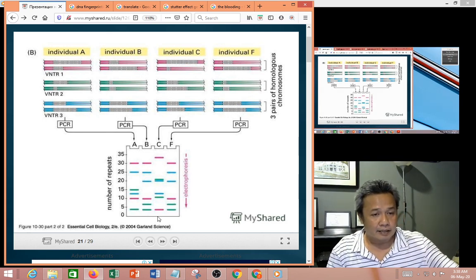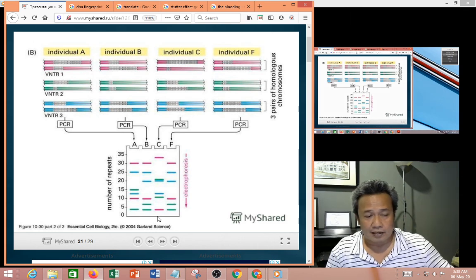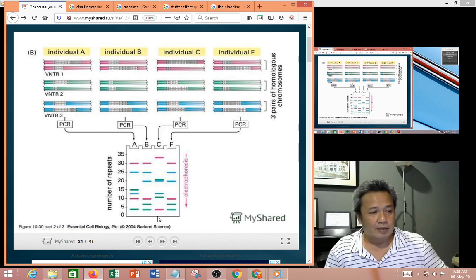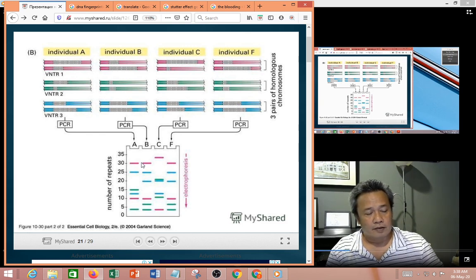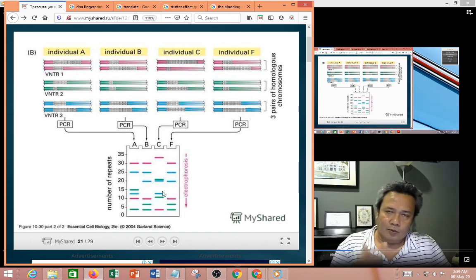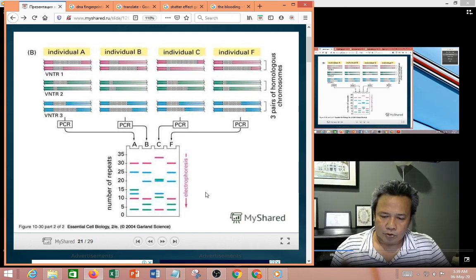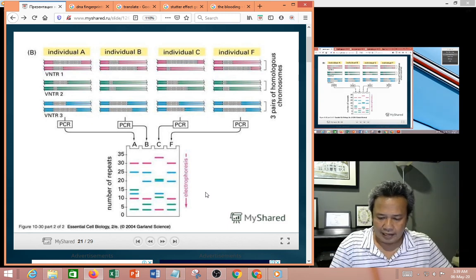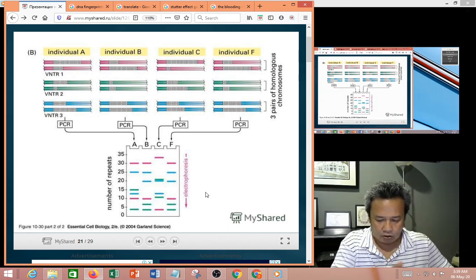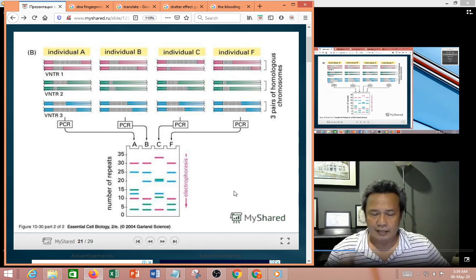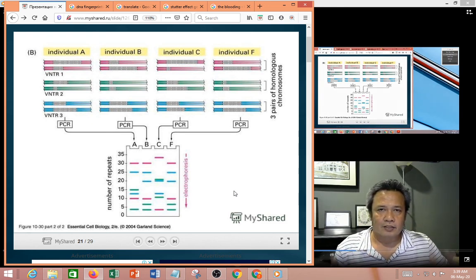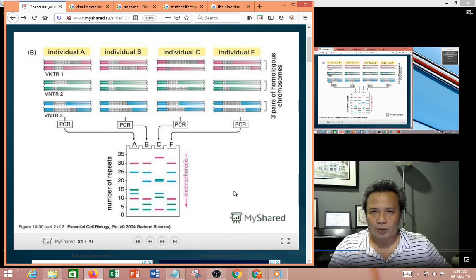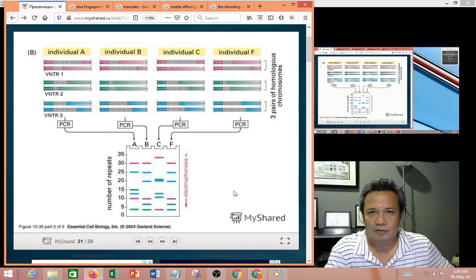So in this case, there are three VNTRs. For VNTR1, there is a match between A and B, but if you look at the green and blue, then only B matches completely with F. What's important from this slide is that for an individual locus you may find a match between individuals, but the chances of getting a match are reduced if you look at a bigger number of loci.